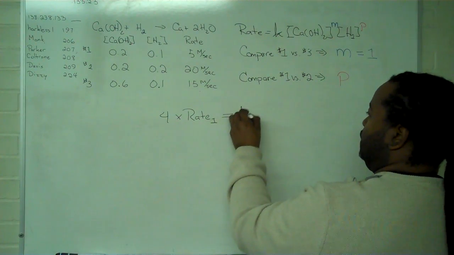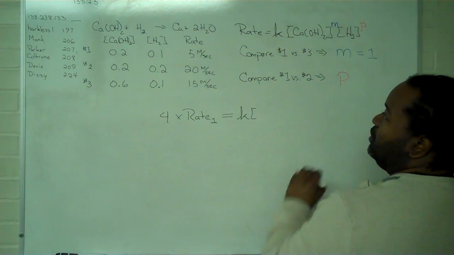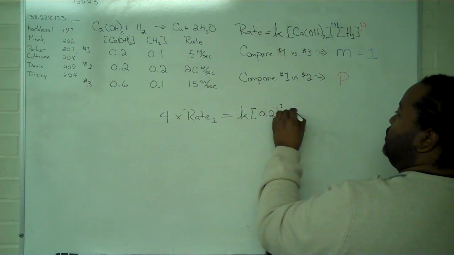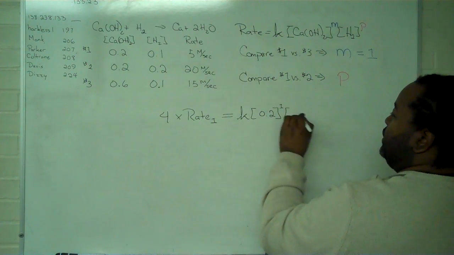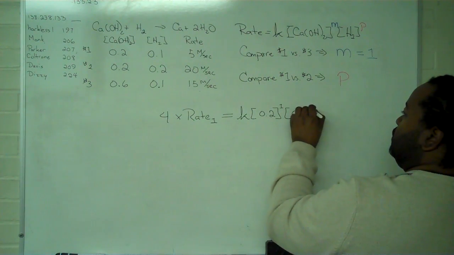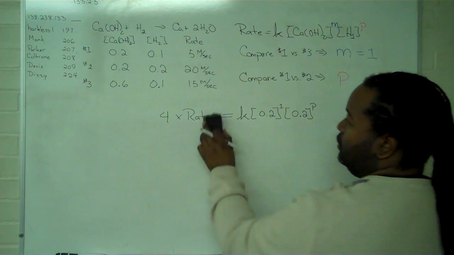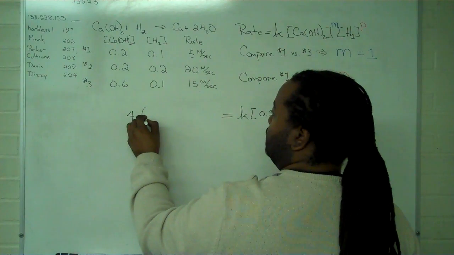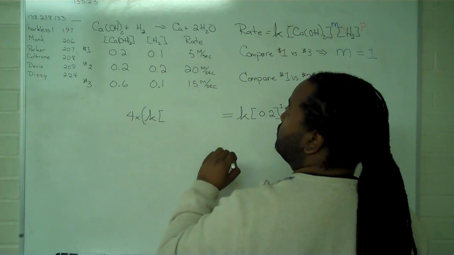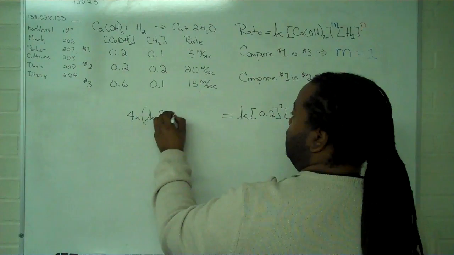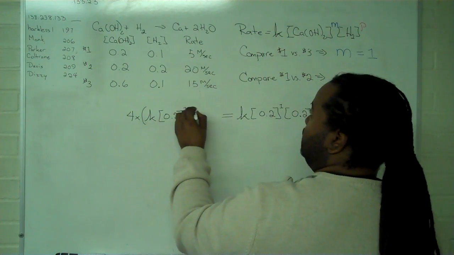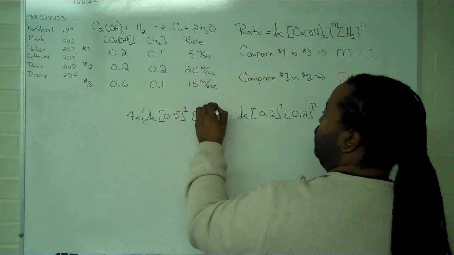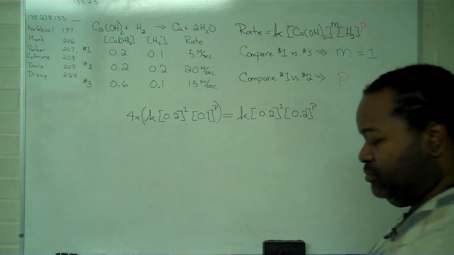It's going to be the rate constant. The calcium hydroxide concentration is 0.2. I know that's raised to the 1 now. Hydrogen is 0.2, and that's raised to the p. And now I need to do 4 times rate 1, so 4 times rate constant. And for rate 1, I have 0.2 for my calcium hydroxide, and I have 0.1 raised to the p for my hydrogen.